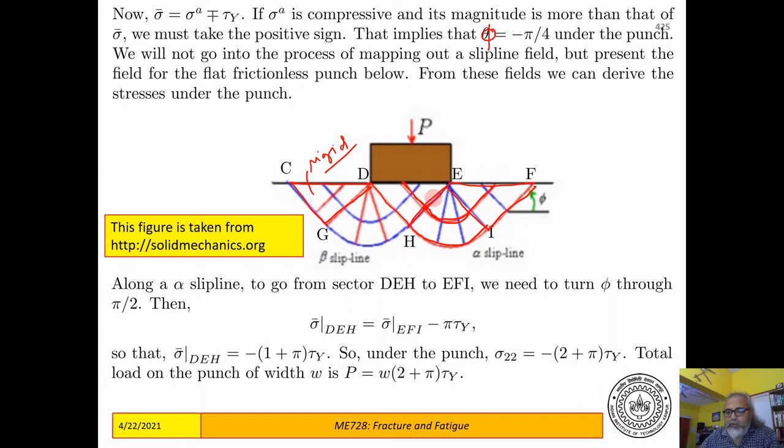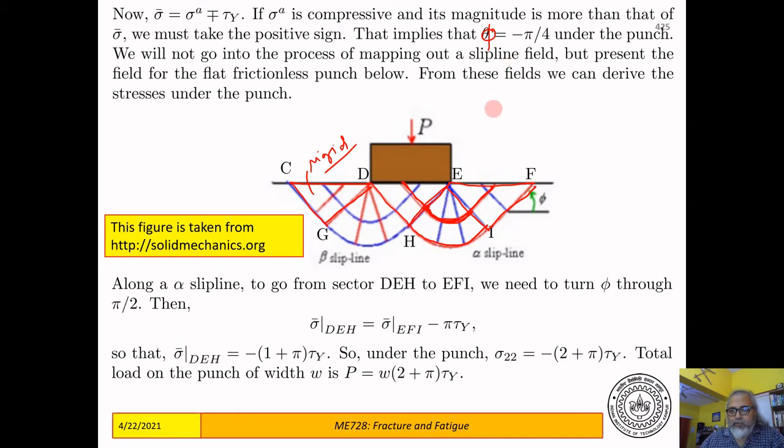Up to this, sigma bar is unchanging, then it changes through this part, and then again it's unchanging here. Going from here to here, you see a turn of pi by 2. So the alpha slip lines turn by pi by 2, which means this angle phi turns by pi by 2.